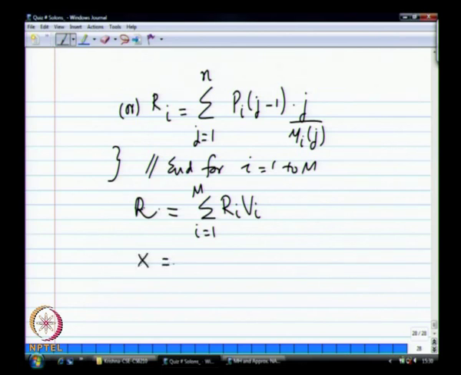Then I compute my x. This is what we did the last time too, no change. Now the next step: there we recomputed the Qi's, here we will recompute the Pi's based on the previous values.